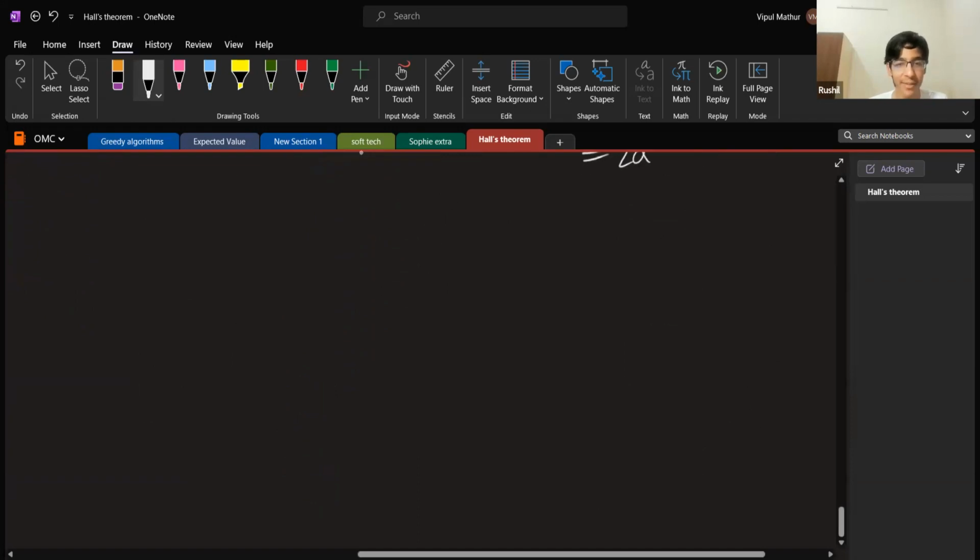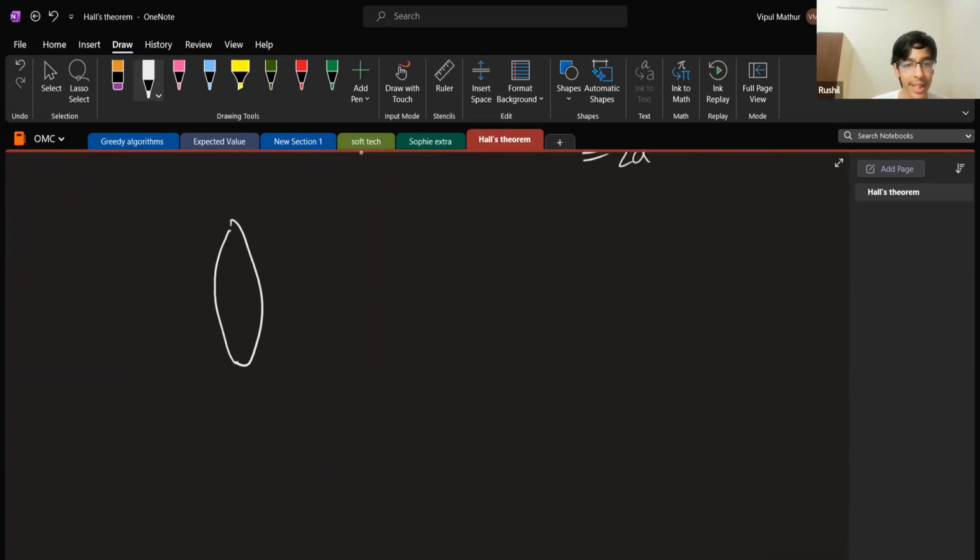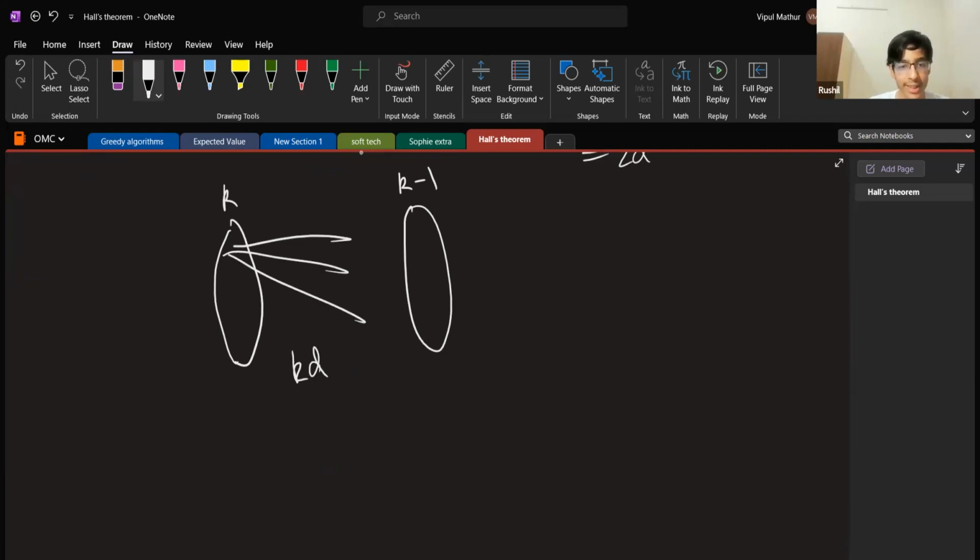In general, what I am trying to say is that if you take a subset of k people over here, and that's connected to, I don't know, k minus 1 over here, there should be at least kd edges going this way. So that means that these k minus 1 people have at least kd edges coming their way.